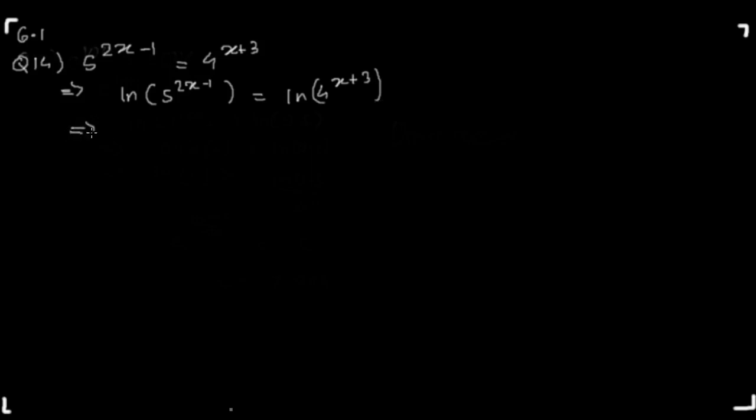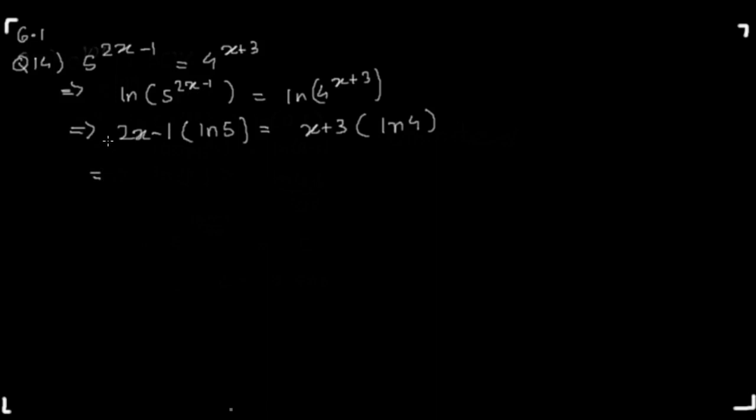With the power rule, the exponent comes to the front, so (2x minus 1) times ln5 is equal to (x plus 3) ln4. Just putting this back here and moving the brackets, so we have this answer.